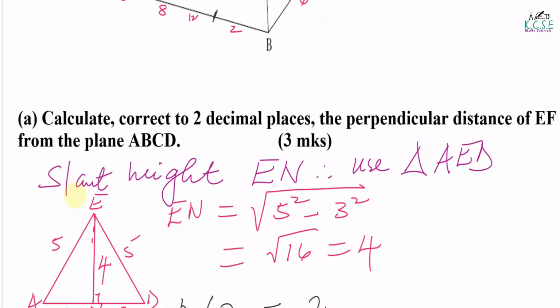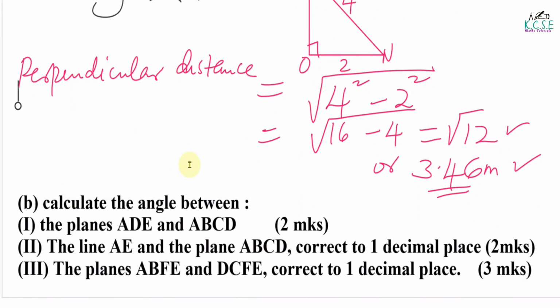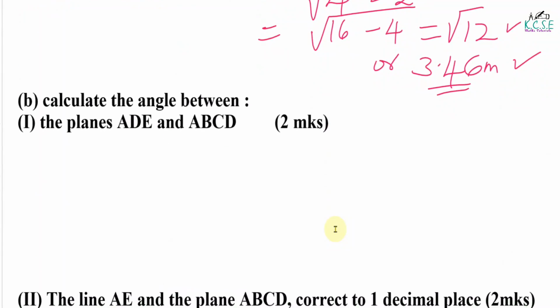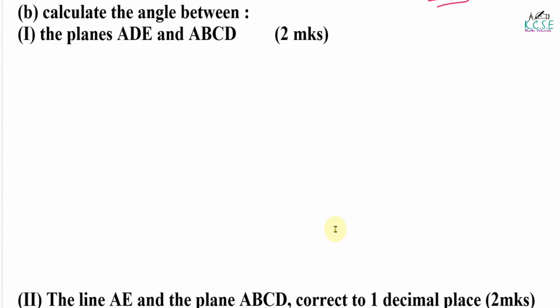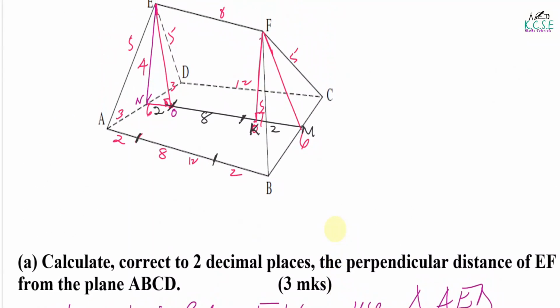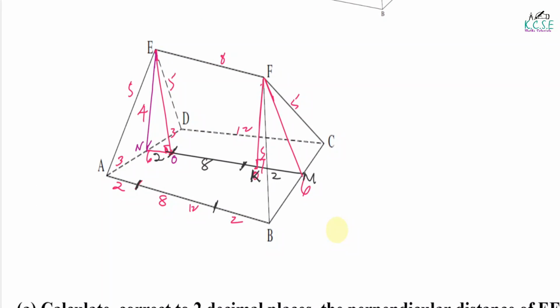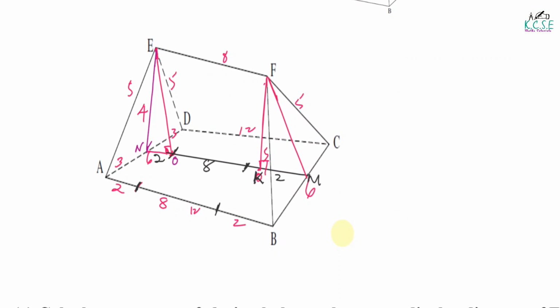Let's go to part 2. Part 2 is now getting the angle between the planes ADE and ABCD. You can see where ADE is, and plane ABCD.